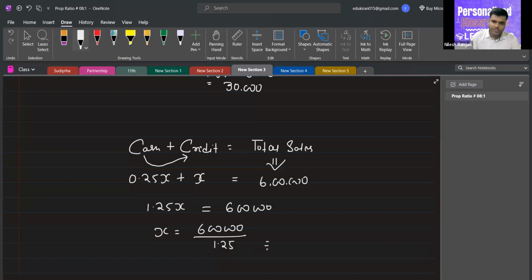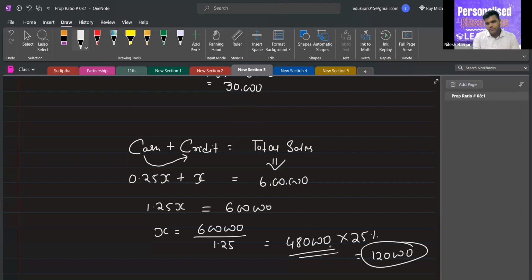So it is 4,80,000. This is your credit sales, and 25% of it, 1,20,000, is your cash sales.